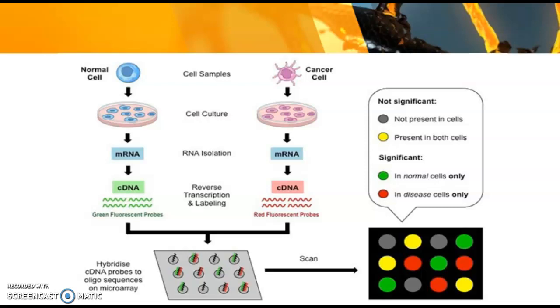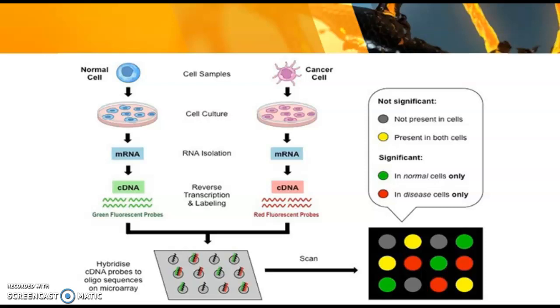The chip is scanned with a laser, which activates the fluorescent dye in the cDNA sample. This information is captured by a computer. It calculates the ratio of red and green on each spot, which indicates the genes that are expressed in the normal cell and cancer cell of a human being.